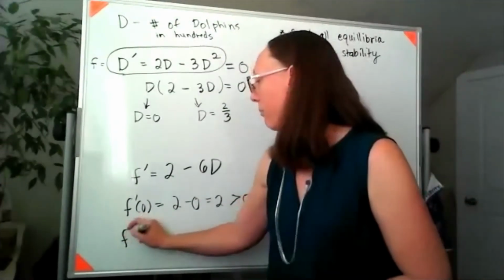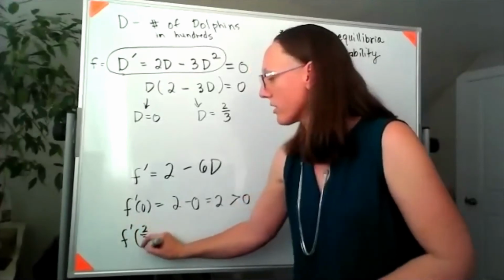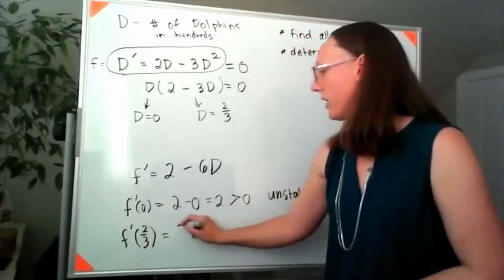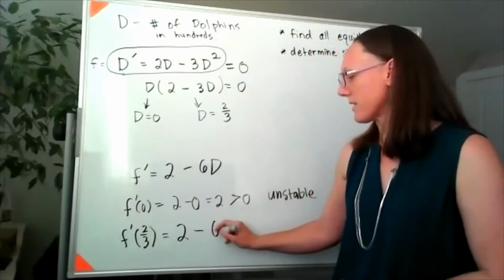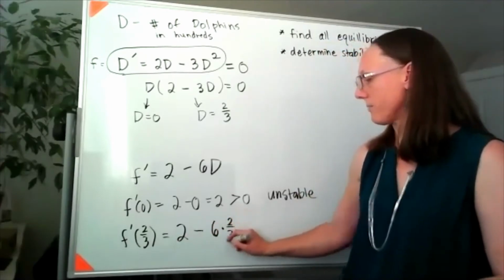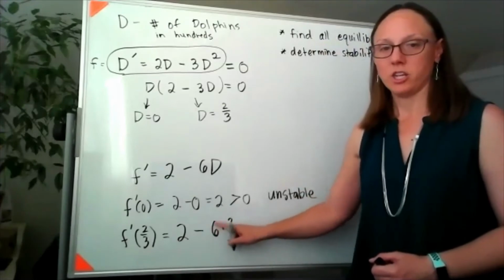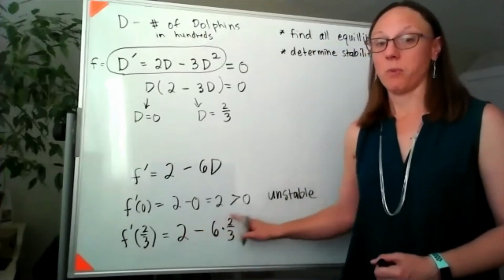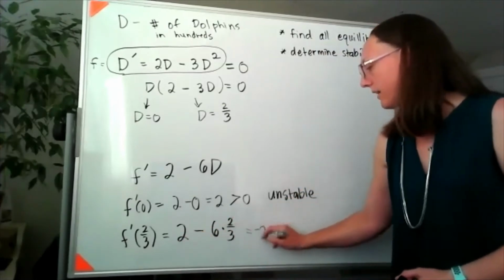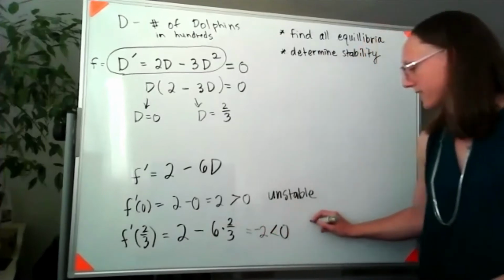And when I look at F prime of 2/3, I'm looking at 2 minus 6 times 2/3. 6 over 3 is going to turn into a 2. 2 times 2 is 4. 2 minus 4 is going to give me a negative 2, which is less than 0.